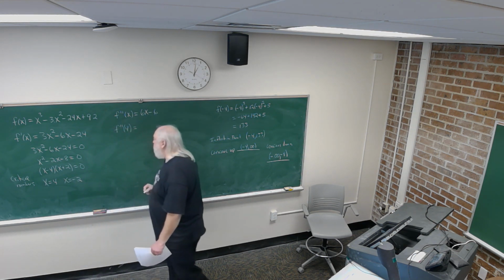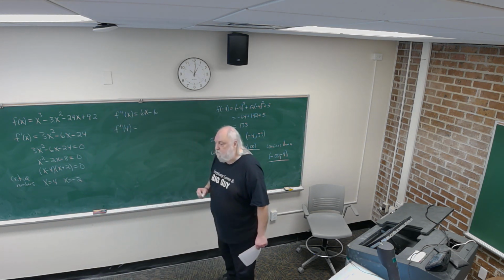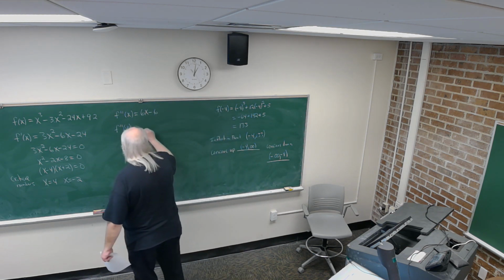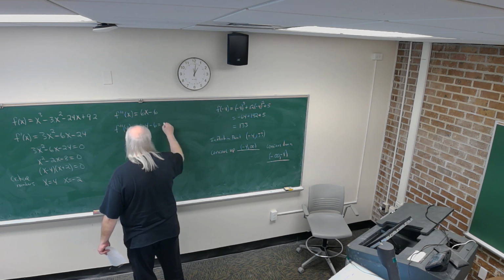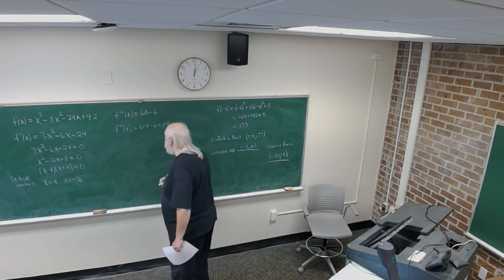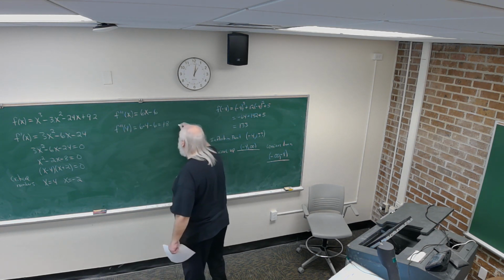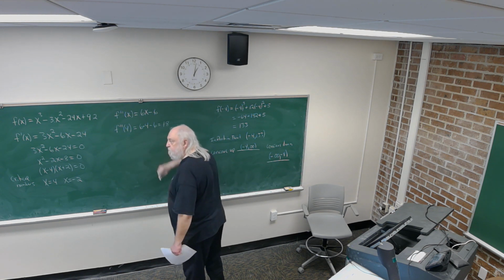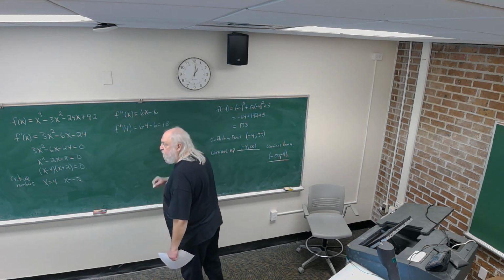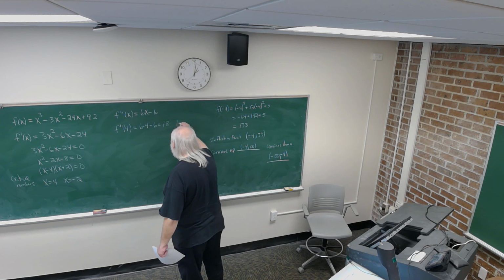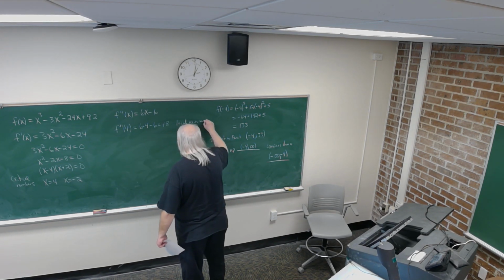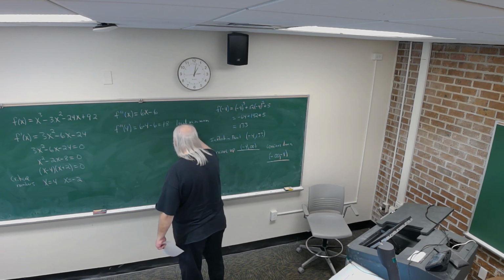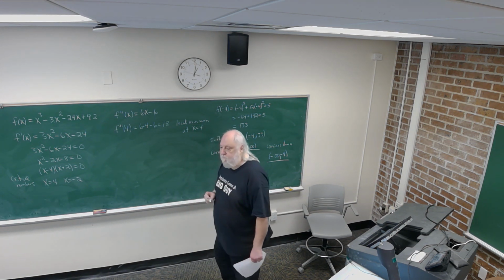So what's the second derivative at x equals 4? What's its value? 6 times 4 minus 6 is equal to 18. That's positive, okay? And since the second derivative is positive, we have a local minimum at x equals 4. Okay?